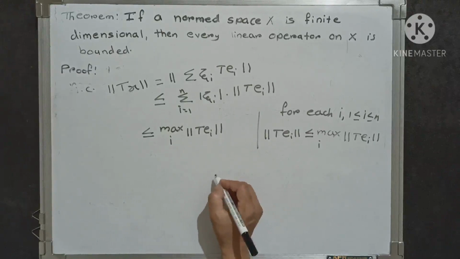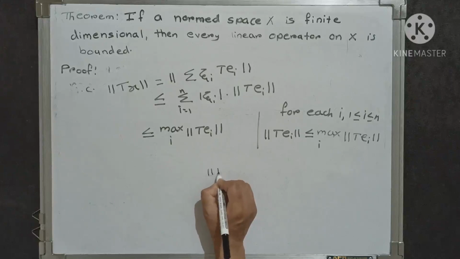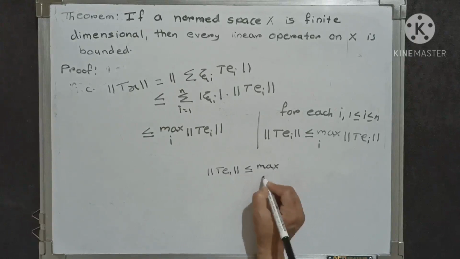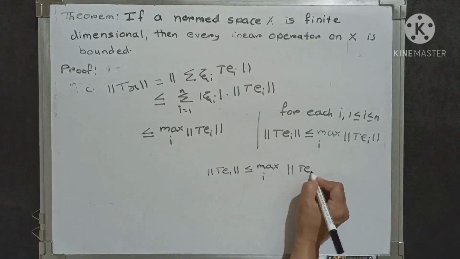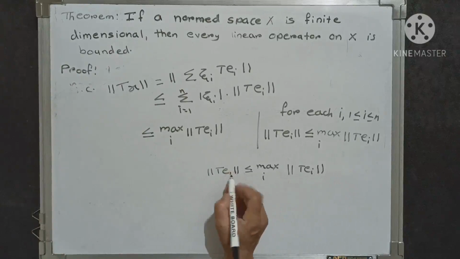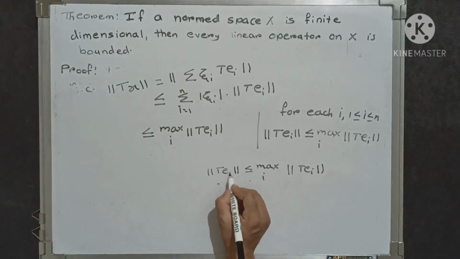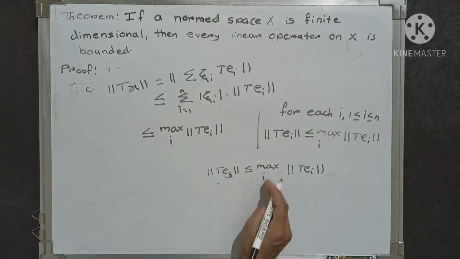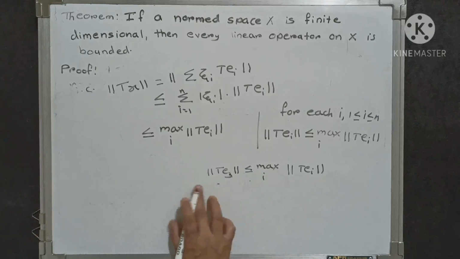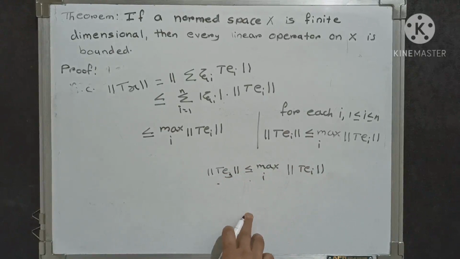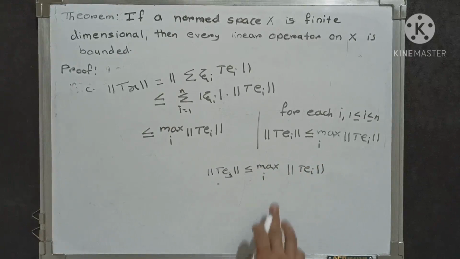That means norm of T e1 is less than or equal to maximum over i norm of T e i. Norm of T e2 is also less than or equal to this maximum. Norm of T e3 is also less than or equal to maximum over i norm of T e i. That means each term is less than or equal to this maximum, which is a fixed real number and independent of i.